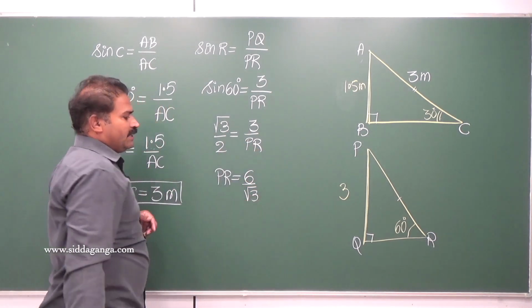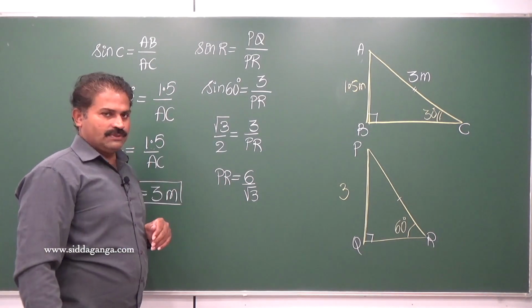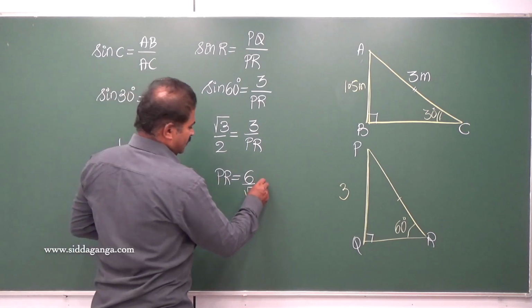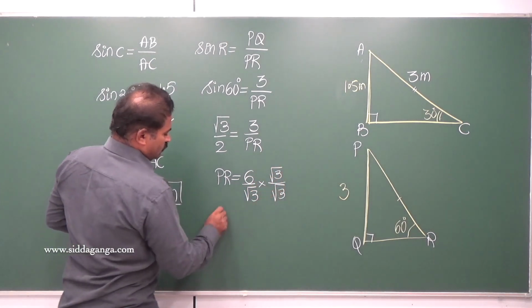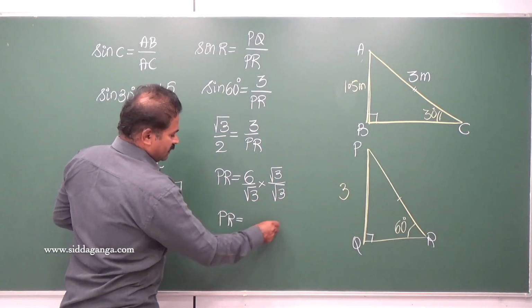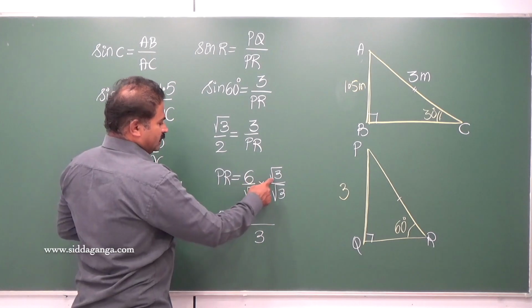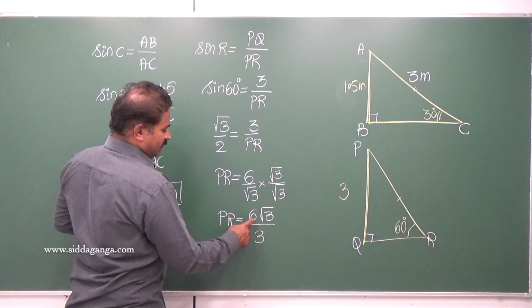Now you have 6 by root 3 meters, but you can rationalize the denominator. For that, you multiply and divide by root 3. So PR is equal to root 3 into root 3 is 3, upon that you have 6 into root 3, 6 root 3, and you can divide 6 by 3, which gives you 2.